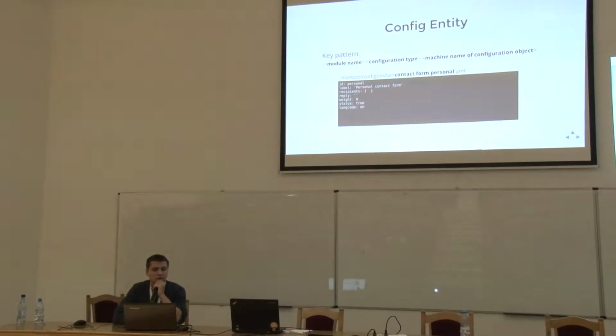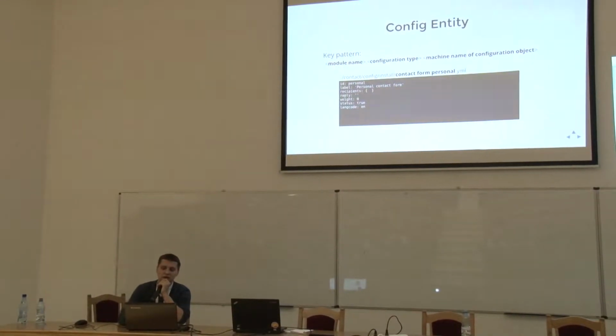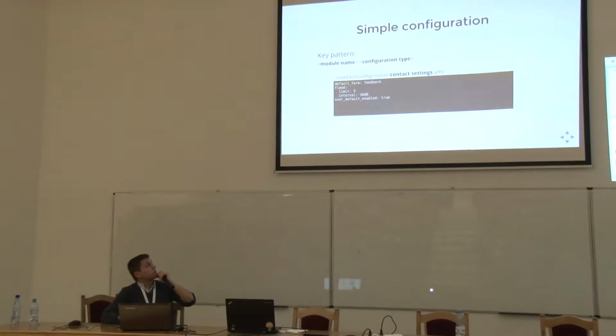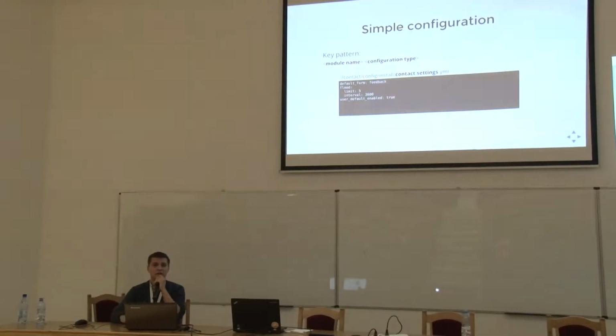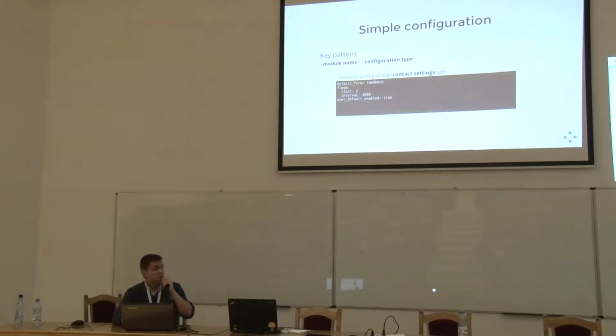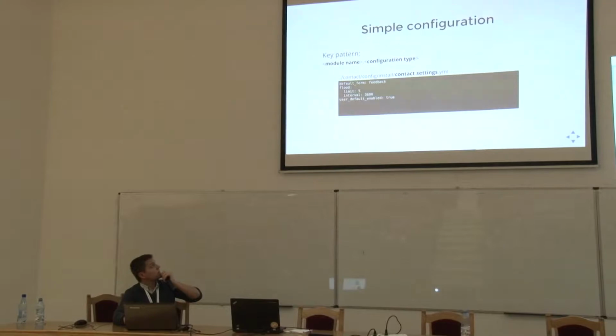The next thing, the configuration entity, is a bit different because in the simple configuration you can have anything. I mean, any kind of structure. So you can define every key that you see there, like default form flag, user default enabled, and so on.